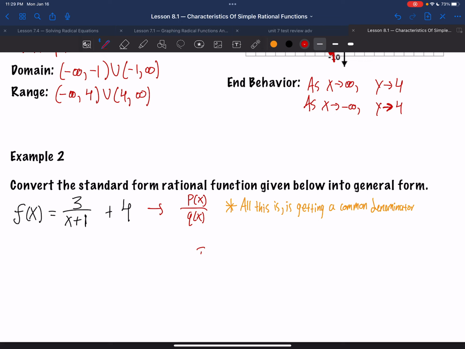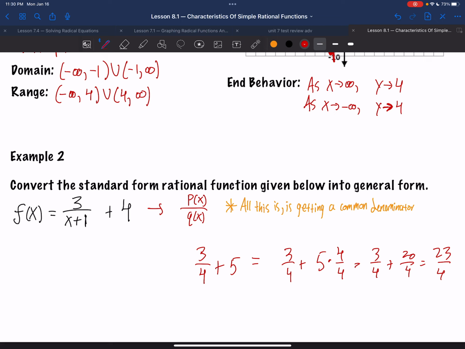Here's the fraction 3/4 plus 5. How do I get a common denominator? I multiply 5 by the denominator of the other fraction. So 3/4 plus 5 times 4/4, which is 3/4 plus 20/4. And then, now that they have common denominators, I can add.